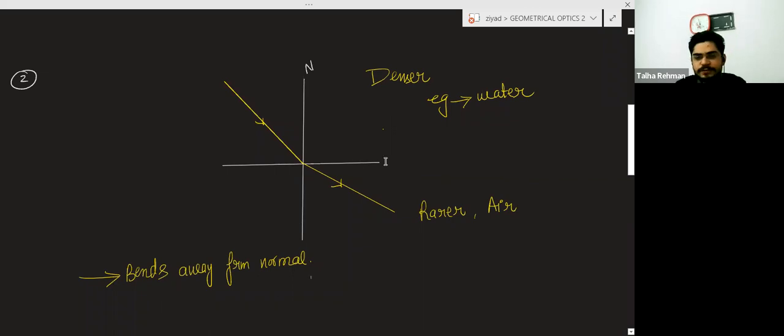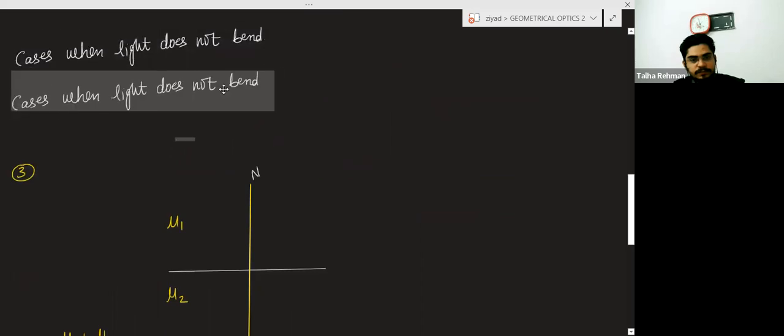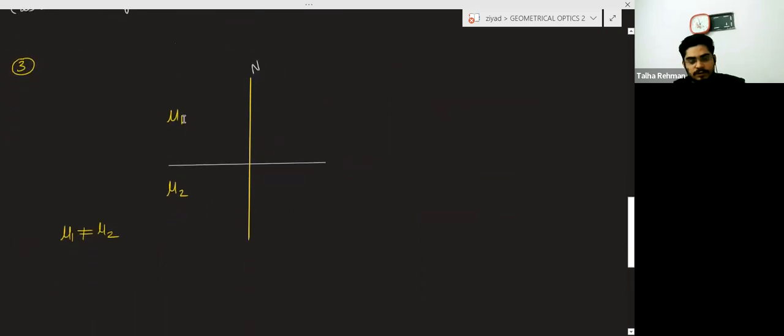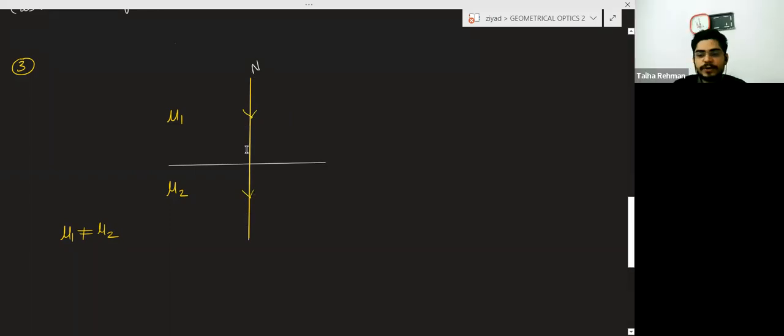Now suppose this is one medium, this is another medium, this is the interface, and light is traveling normally to the surface. In this case, light will suffer no bending.